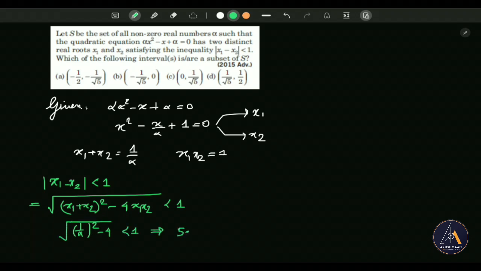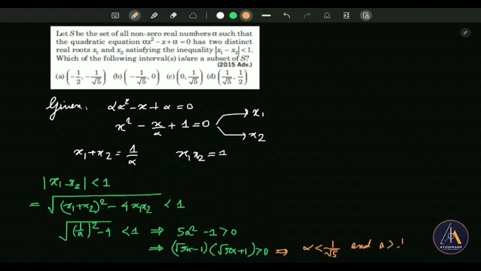This is 5 alpha square minus 1 greater than 0. So from here I can say root 5 alpha minus 1 and root 5 alpha plus 1 is greater than 0. So from here I am getting alpha is less than minus 1 by root 5 and alpha is greater than 1 by root 5. Let us name this as equation number 1.